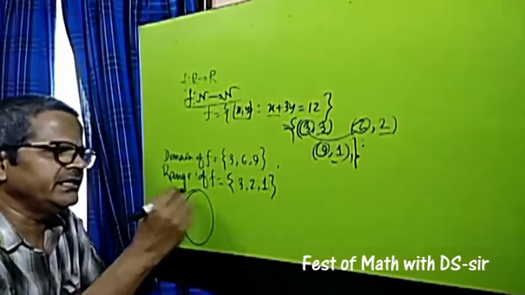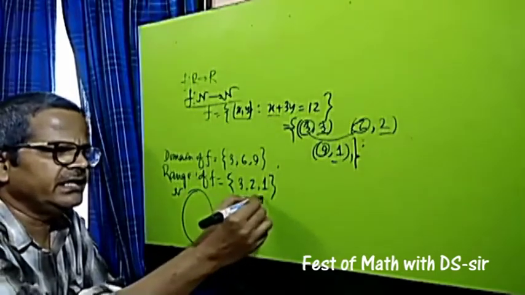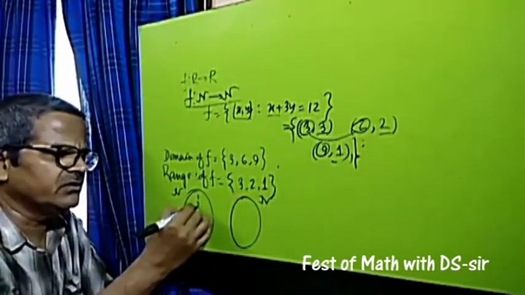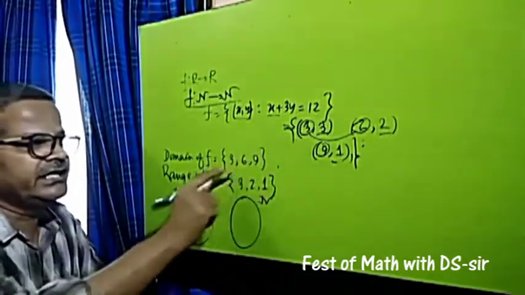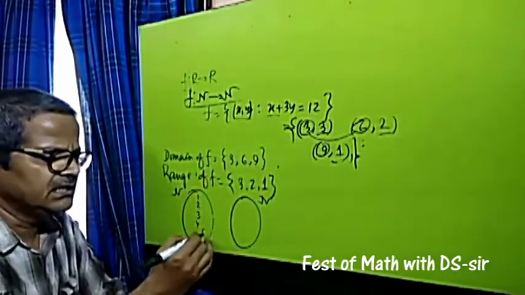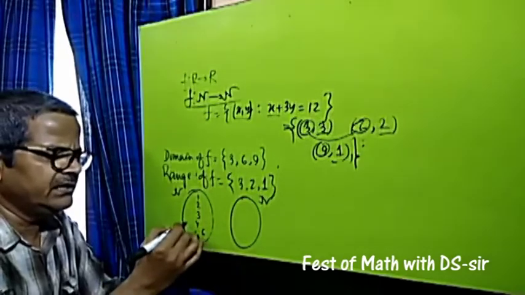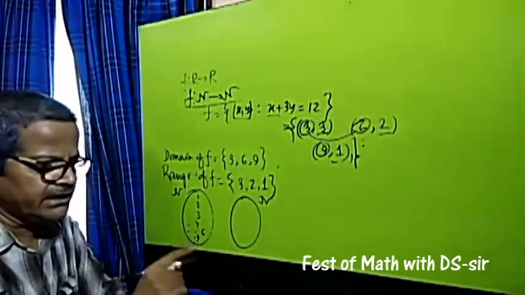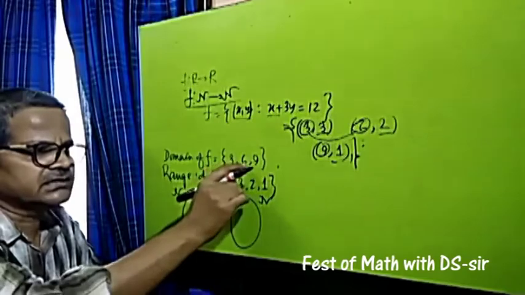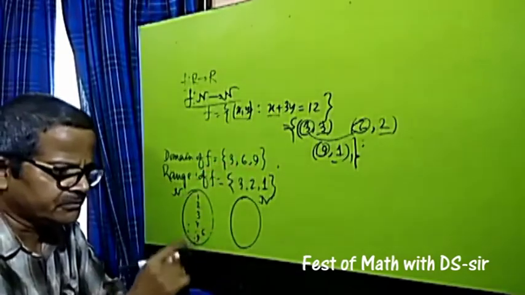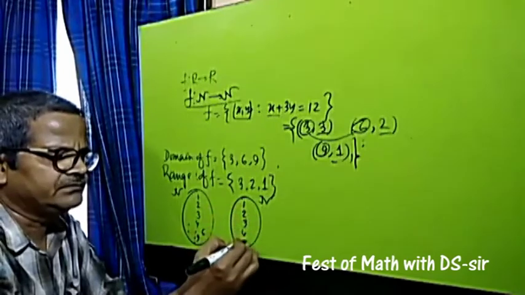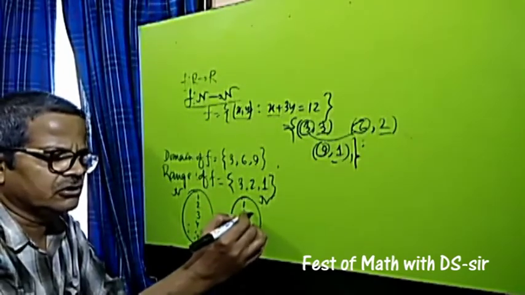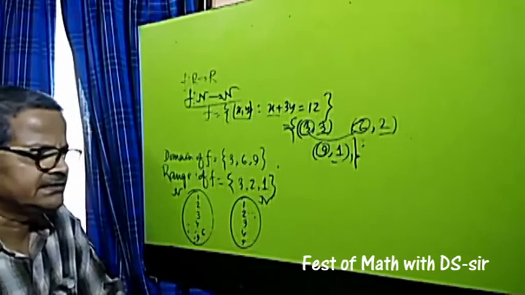Then what is arrow diagram? This will be N, this will be N, and N contains 1, 2, 3, 4, dot, dot, dot. And we need the elements 3, 6, 9, and dot, dot, dot. No other elements I need. And 1, 2, 3, 4, 5, dot, dot, dot means all other elements exist.